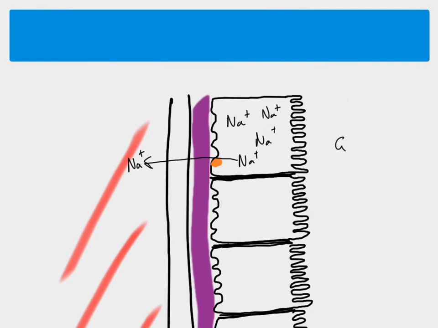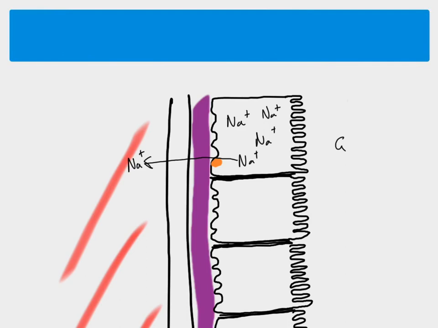So this is active transport, it's using energy, and there will be lots of mitochondria as well in this PCT cell to provide the ATP for this transport. It's a sodium-potassium pump, which means that potassium comes back inside, but we're going to ignore that at the moment because we don't need to focus on that. We're just interested in the sodium.